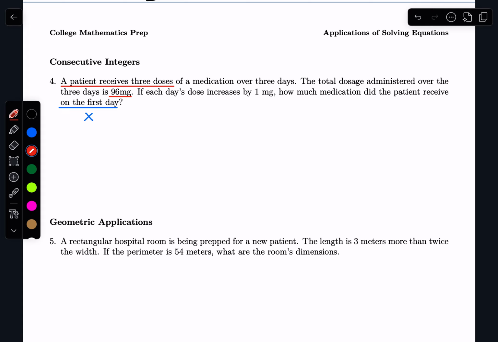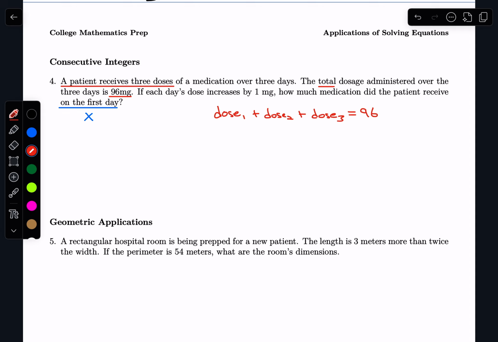So before I get X involved at all, let's just say that dose 1 plus dose 2 plus dose 3 has to equal 96 milligrams. It says the total dosage, so that's how I knew I was adding up these dosages. That word total tells me to add. I don't know anything about the doses yet, though. I just know together they give me 96 milligrams.